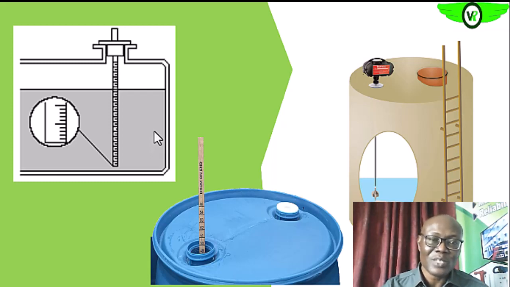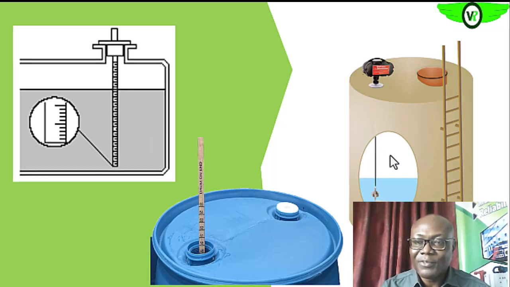So we expect to be between low and high. That will also give us an indication. So this is another example of a dipstick that is used on a drum. Okay, as you dip it, the level of the fluid in the drum will be marked on the dipstick also.